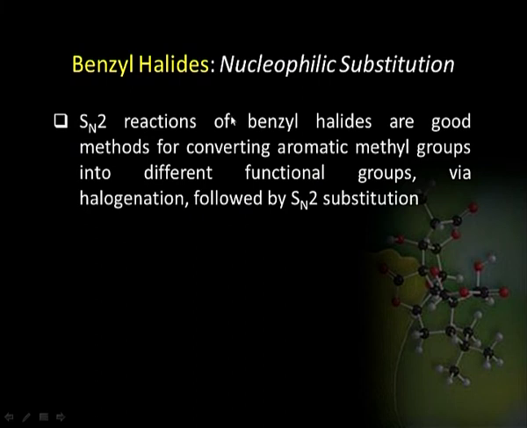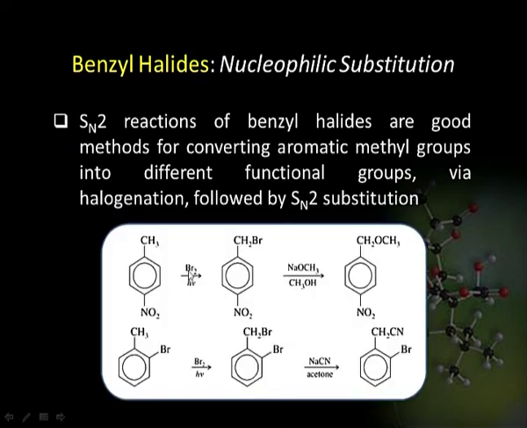The SN2 reactions of benzyl halides are good methods for converting aromatic methyl groups into different functional groups via halogenation followed by SN2 substitutions. So, these have a lot of synthetic value. This is para-nitrotoluene, which on halogenation gives para-nitrobenzyl bromide, which in presence of sodium methoxide undergoes a nucleophilic substitution and gives rise to this ether.